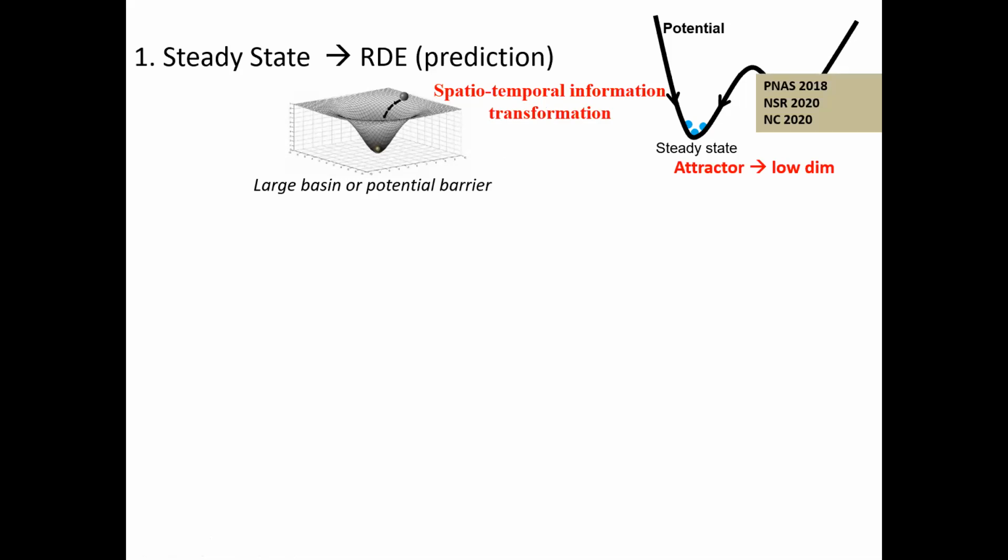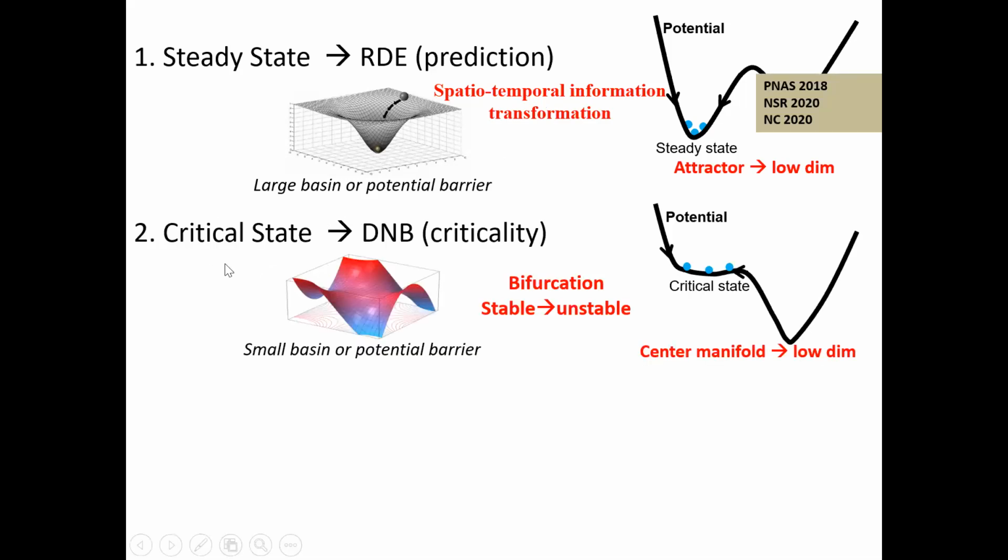The second part is detecting the critical state, a tipping point. Here we want to explore the low dimensionality of the center manifold just before the local bifurcation. If we can explore such a generic feature, we can detect the tipping point even before the state transition. This is our DNB theory.